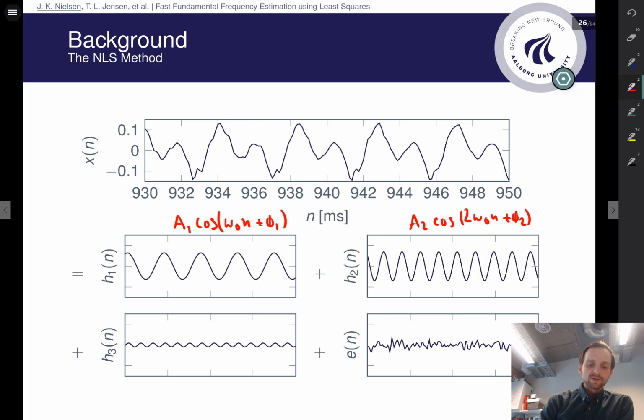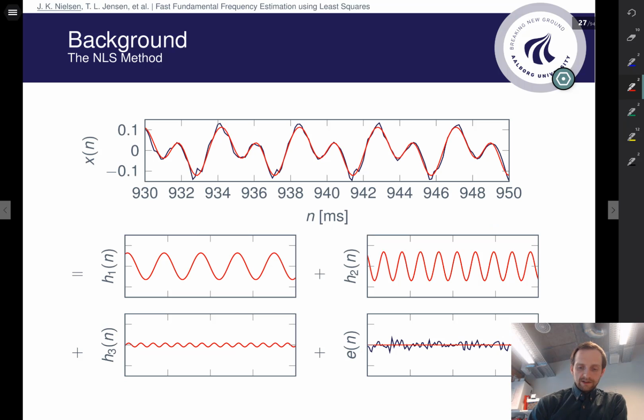So the frequency of the third component will be 3 times omega 0. And this e of n is the rest. It looks like noise, but it might not be noise, it might just be model inaccuracies. If we set the noise equal to 0, then you can see up here that we get a fairly good approximation of our speech signal using only 3 components.